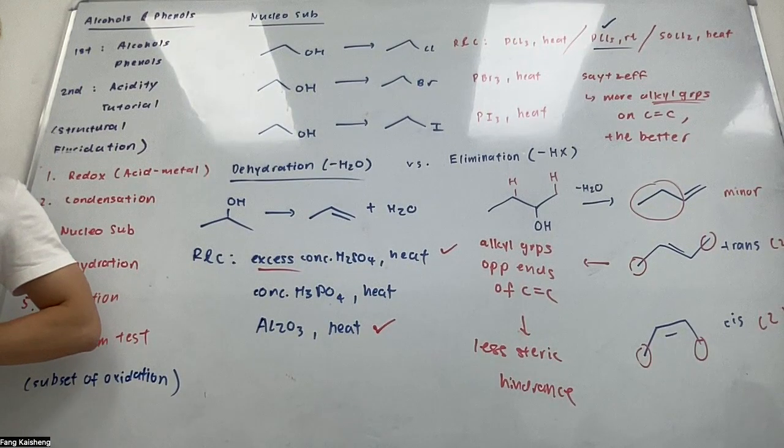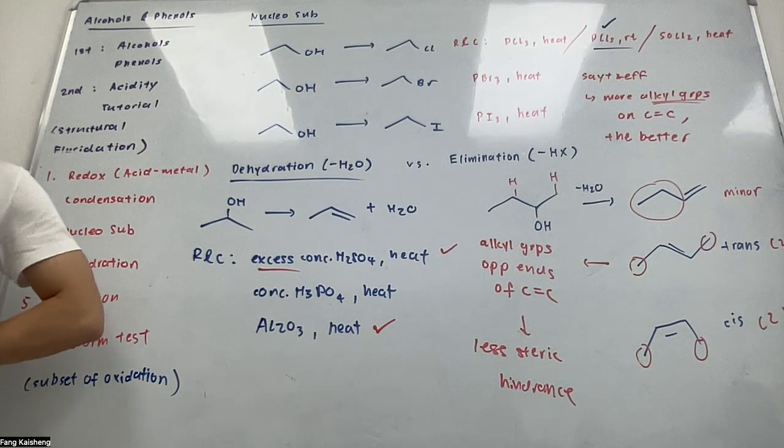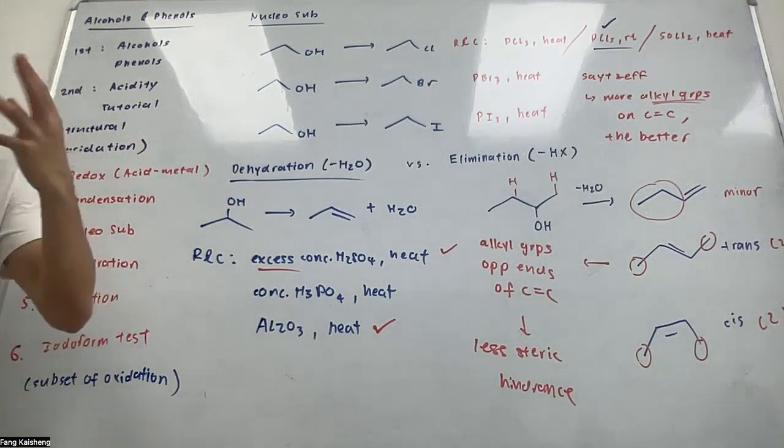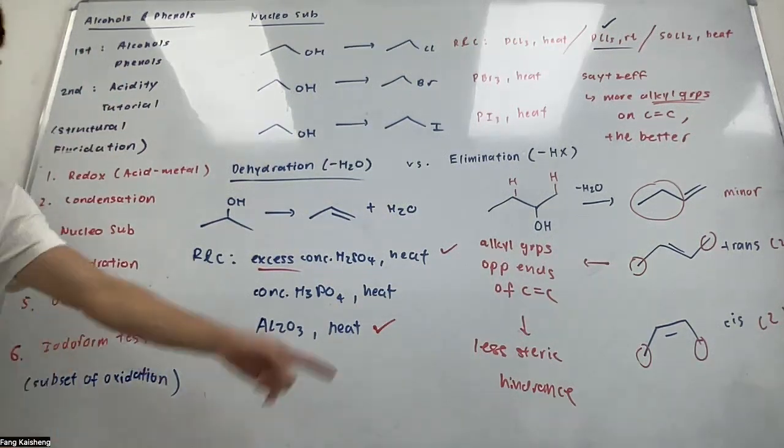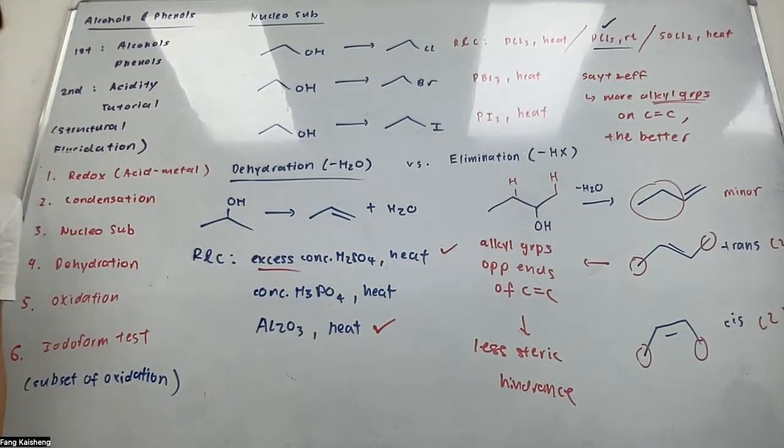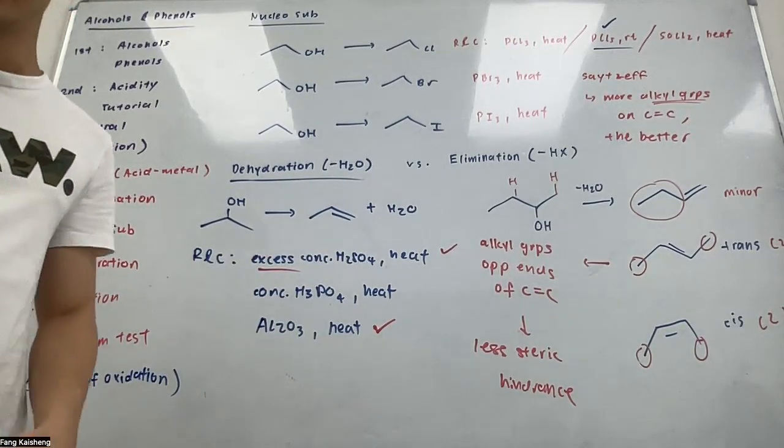Okay, all good. Very easy idea. If they ask you to suggest why the trans has a higher proportion in the mixture, you already know what they are trying to test. Any questions so far?